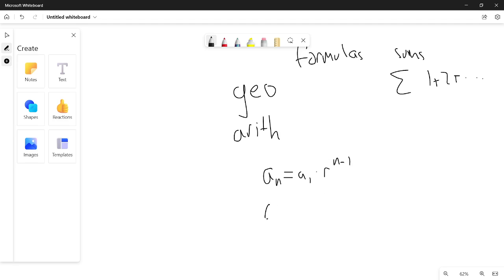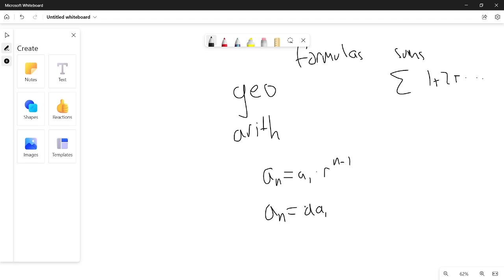Like here we have the geometric recursive formula, and then for the arithmetic recursive formula, I guess I should mention that R and D are essentially the same, but this is common ratio and this is common difference.